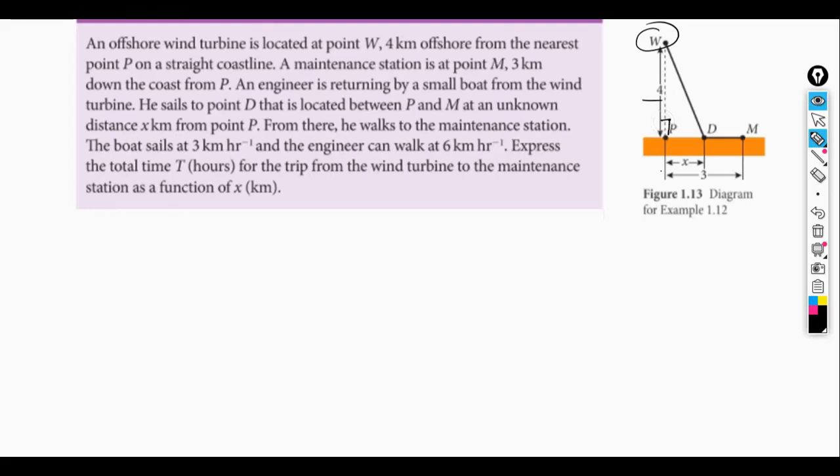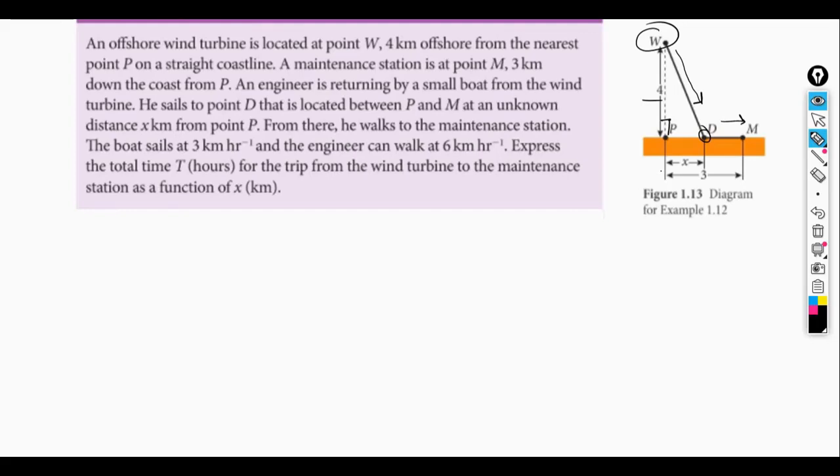An engineer is returning by a small boat from the wind turbine. He sails to point D, located between P and M at a known distance x from point P. So he sails from W to D, which is here, and then from there he walks to the maintenance station. The maintenance station would be M.